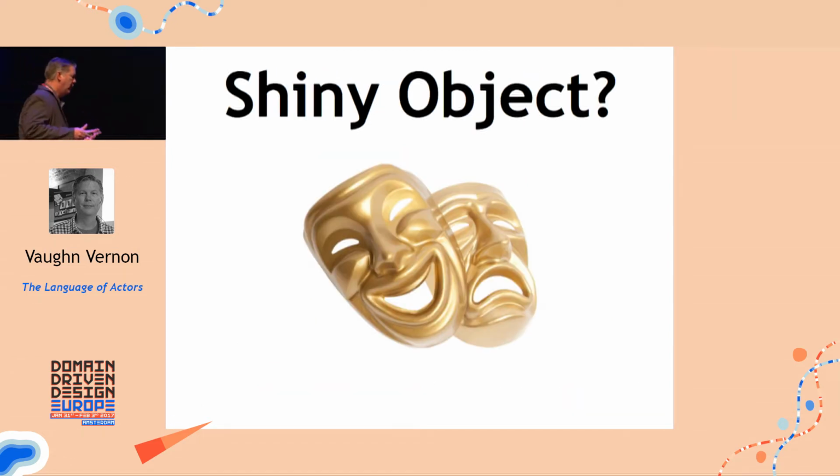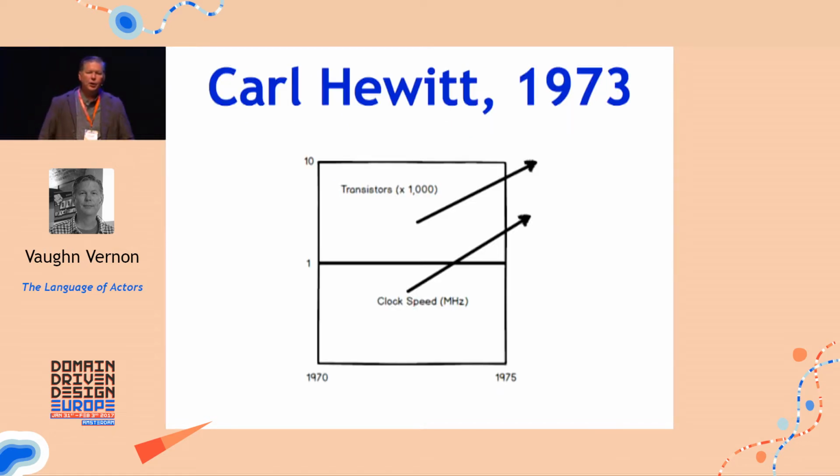Okay, is the actor model itself just a shiny object? Am I out of place in saying, don't chase after shiny objects, and yet I'm presenting something that's relatively unfamiliar to a lot of people? Actually, the reason that I presented the year 1973 before is because that is when the actor model came into existence.